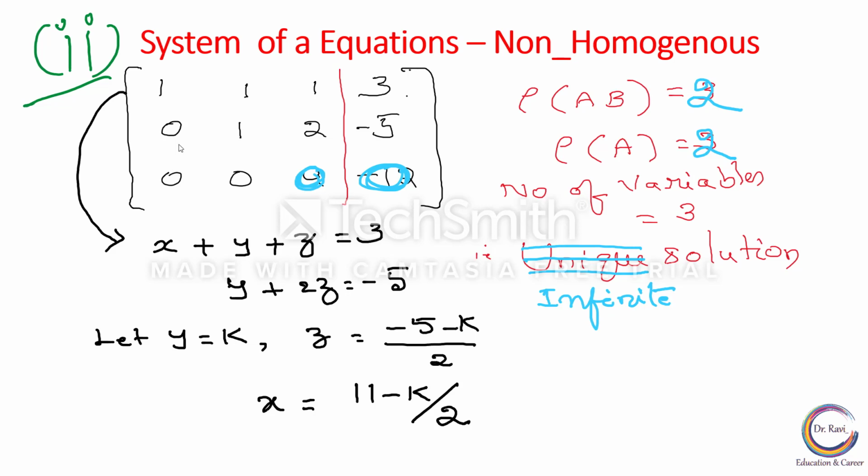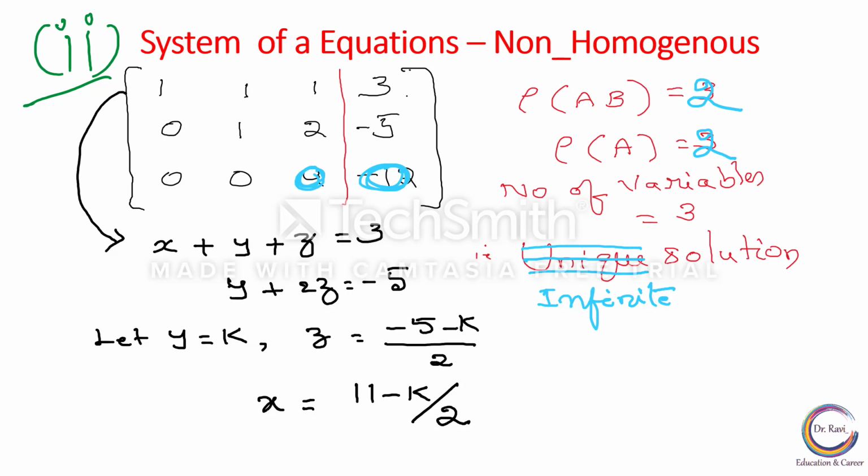Now how to get it, mostly we may not require this, but still to have an understanding, we rewrite this matrix into equations form. x plus y plus z equal to 3. The second one is 0x plus y plus 2z equal to minus 5. Now if you see here, we had two equations in 3 variables. So to solve it, we have to assume any one of the variables as some k.